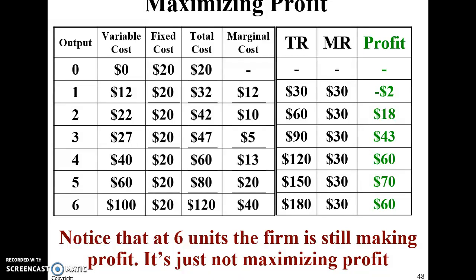So you can see profits are maximized at 5. Remember, marginal cost was 20 at 5 units. Marginal revenue is 30. But to go to the 6th unit is going to cost you more to produce that 6th unit than you get in revenue, so you'll stop at the 5th unit.